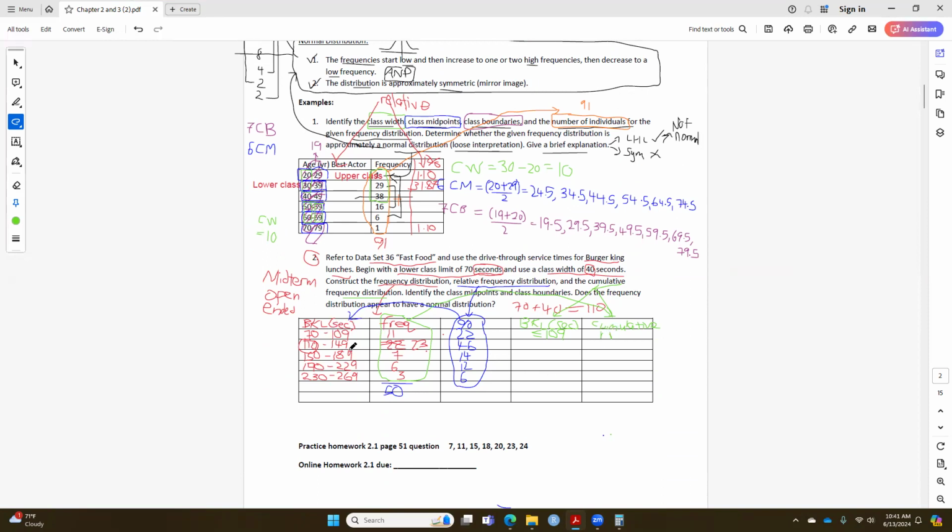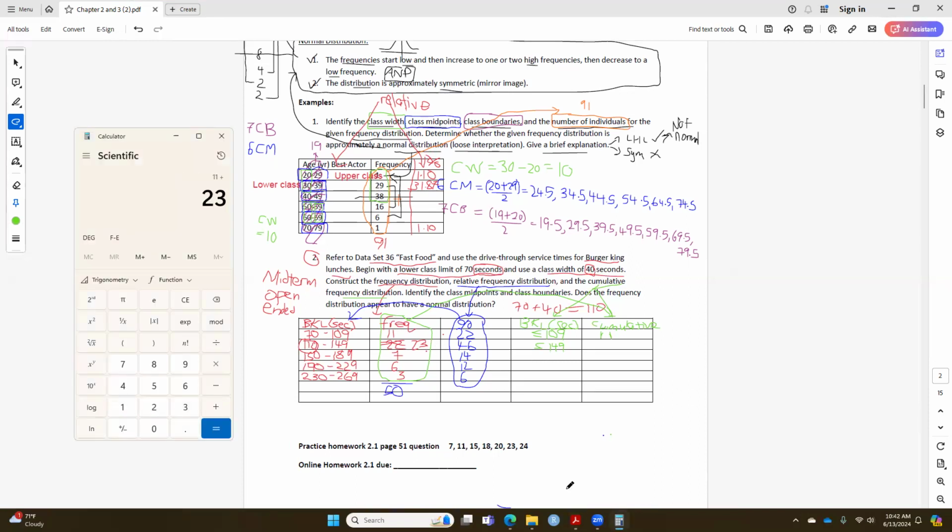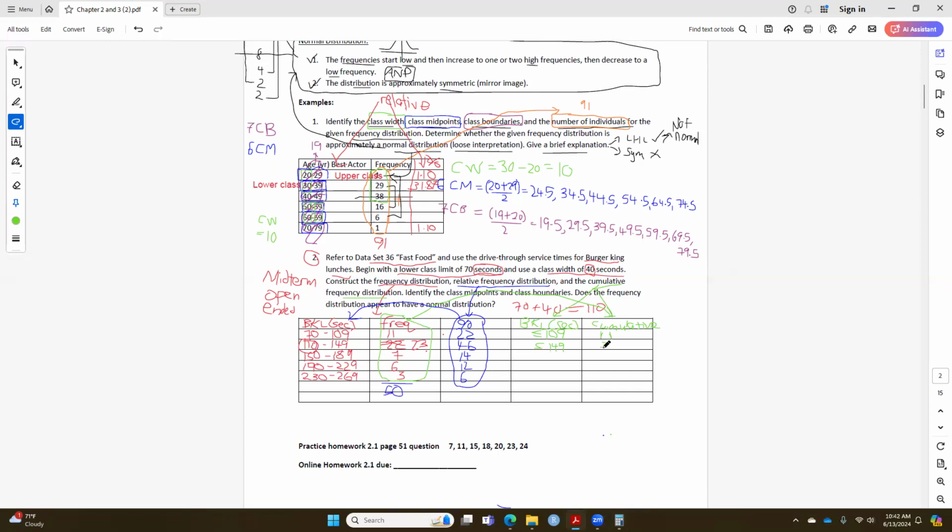However, for the next class, you will use less than or equal to 149, which is the second class upper class limit. For this case, you add these two numbers, 11 and 23. 11 plus 23 is 34. So this will be 34. Okay.